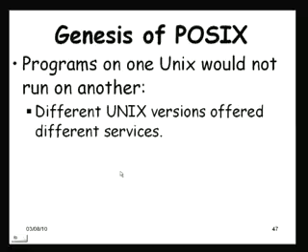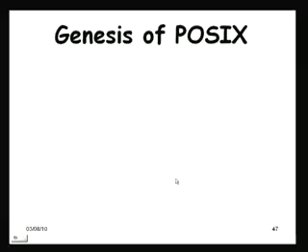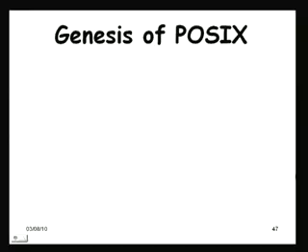A program written on one version of Unix will not run on another, and the different versions offer different services. Some services are supported in some versions, some not. The syntax was different, even the semantics was different, and the need for a standard Unix was recognized.